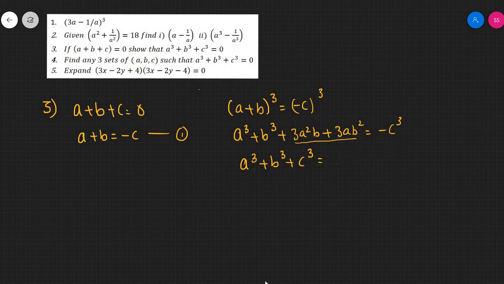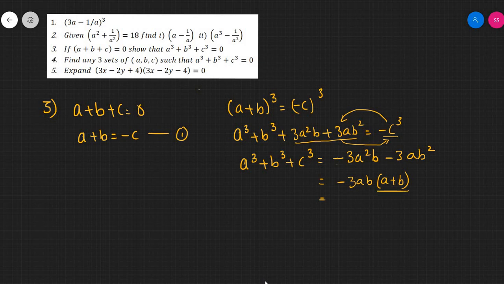It may be confusing. So that's minus 3a squared b minus 3ab squared. Since you took this to this side and this to this side, the signs change. So this would be minus 3ab into a plus b. We know that a plus b is minus c, so we can say this is minus 3ab into minus c, and that would be plus 3abc.